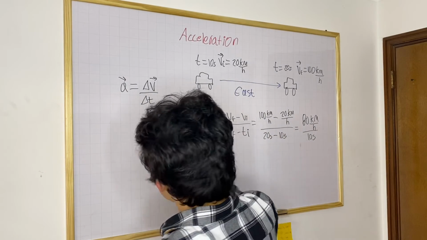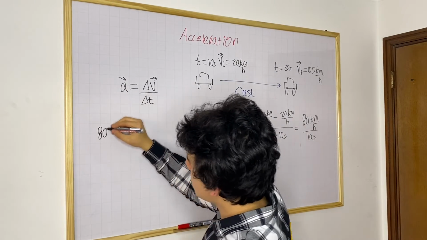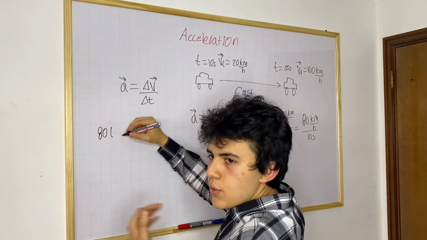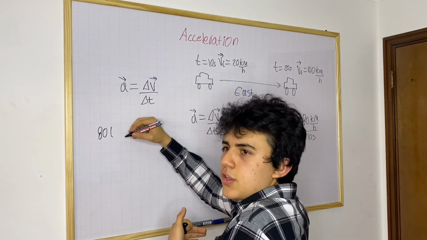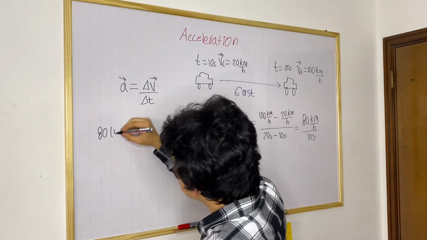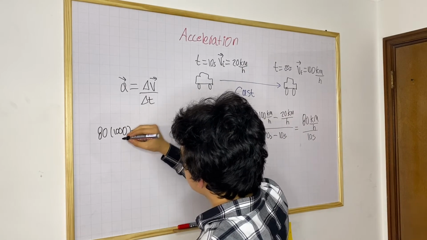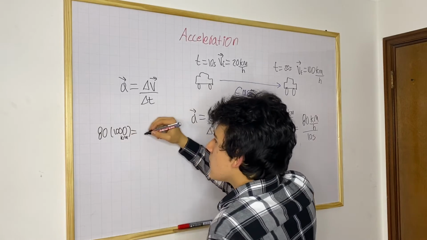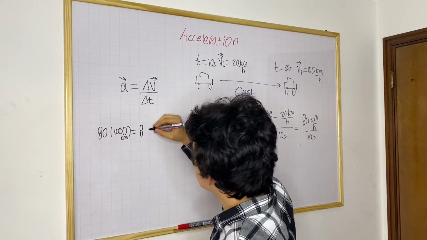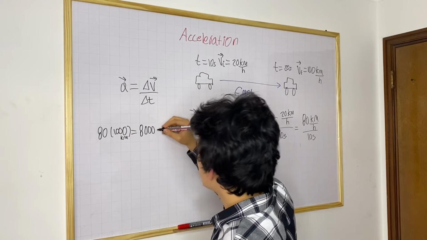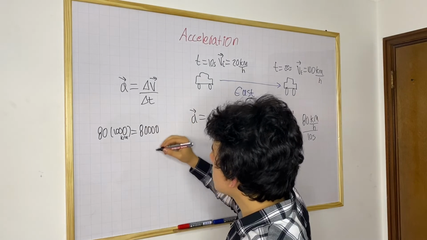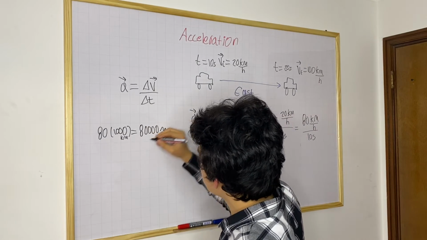So we know 80 kilometers would be equal to 80 groups of 1,000 meters, which is what 1 kilometer is. This is of course kilometers, don't forget the units, and you would get 80,000 meters.